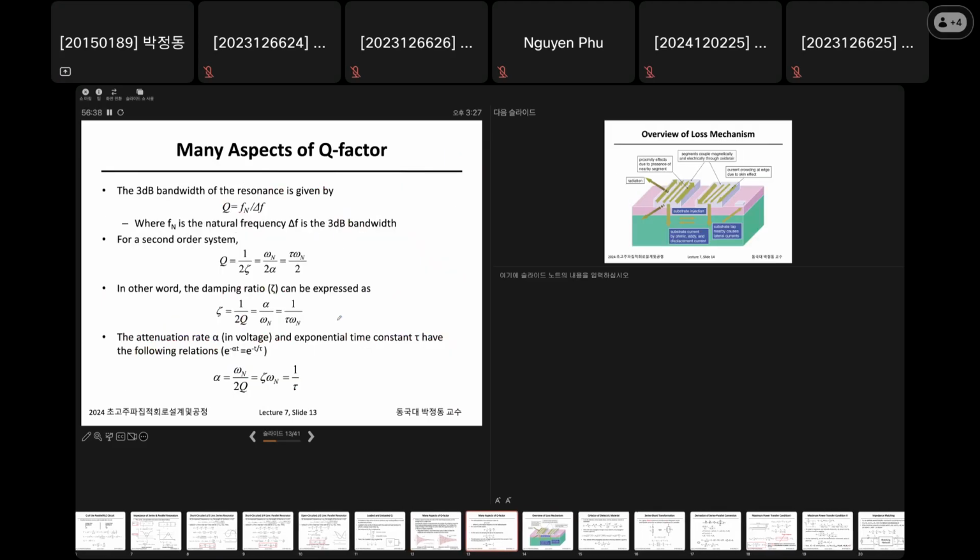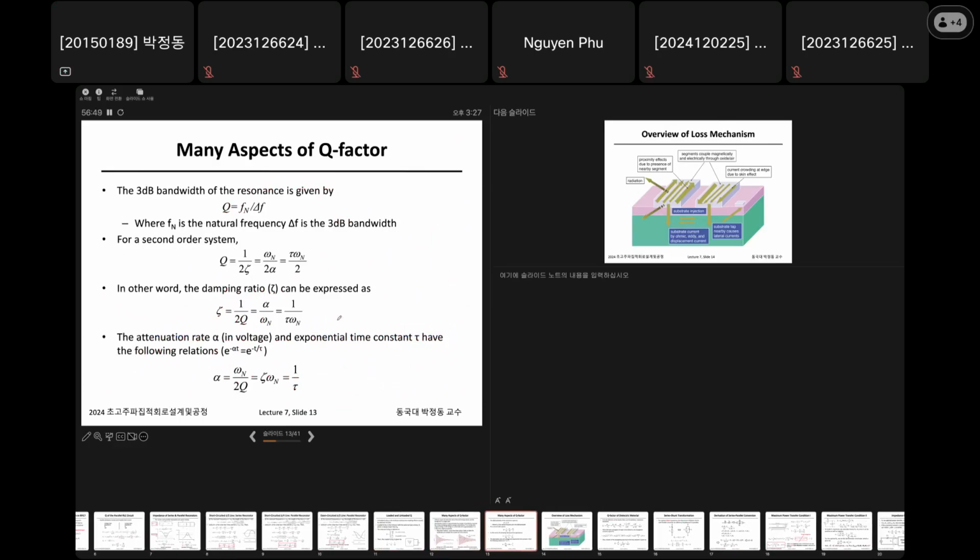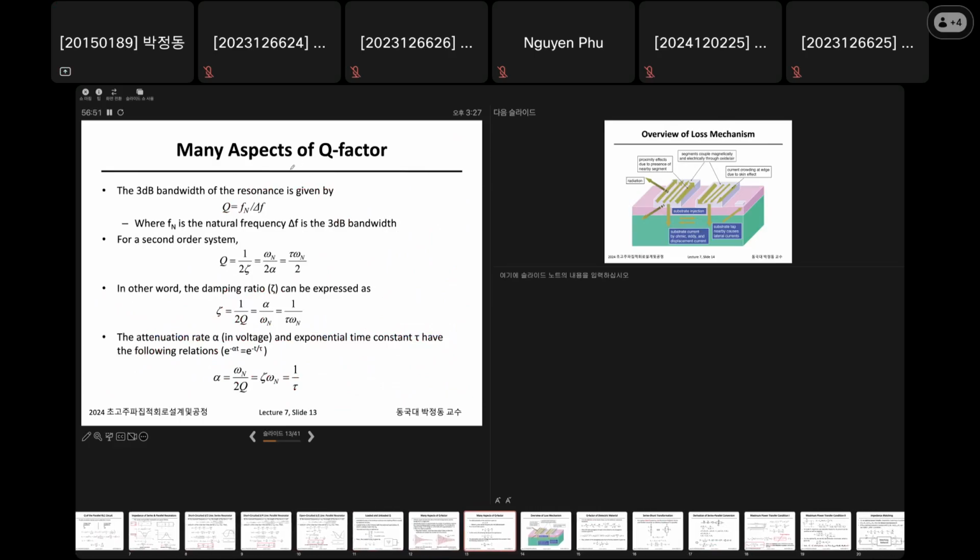So this is the ring down method. You can measure Q from the oscillation: just 4.5 multiplied by n.